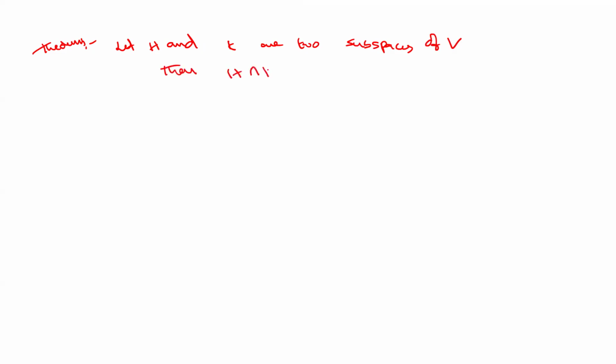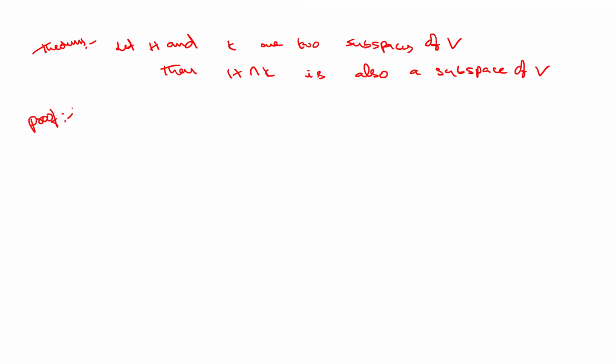We'll prove one more theorem. Next theorem: Let H and K be two subspaces of V. Then H intersection K is also a subspace of V. We'll prove how it is true.